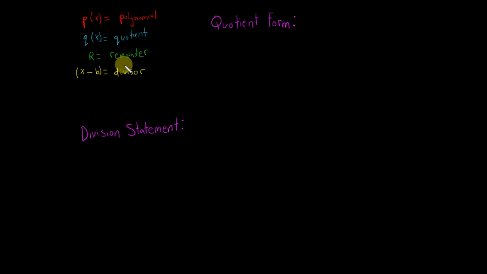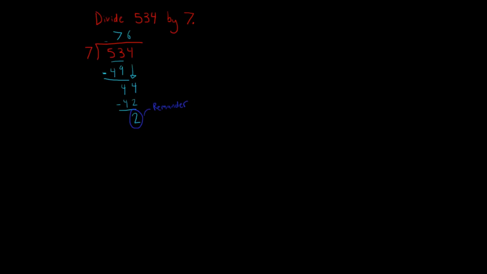And then x minus b, the divisor, is what you're dividing the number by. So if we look back at the other one, we know that the divisor for this one would be 7. And then the P of x would be 534. The remainder is 2. And then the quotient would be 76.